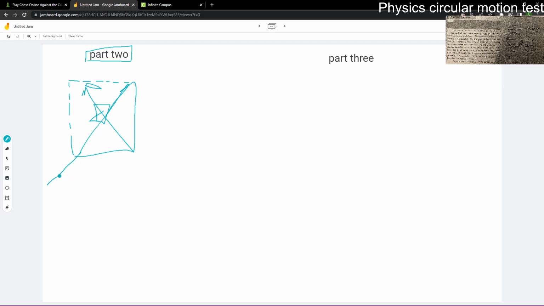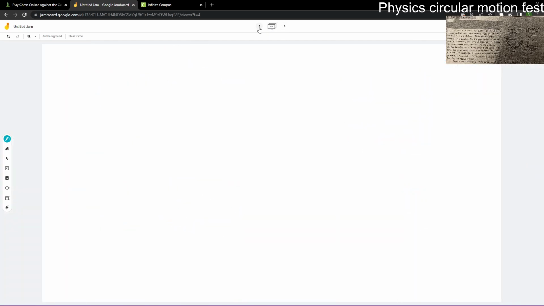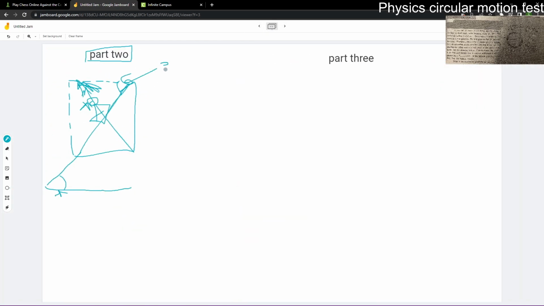We need to identify that this 30 degree incline is equal to this angle, which, if we go all the way back, is the banking angle. So that's 30 degrees.